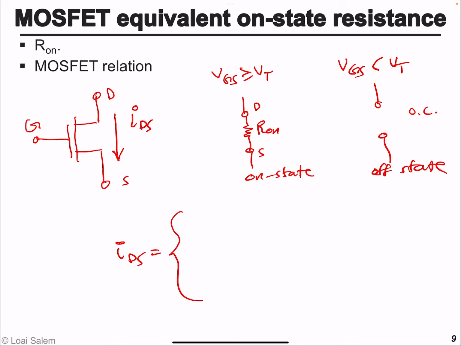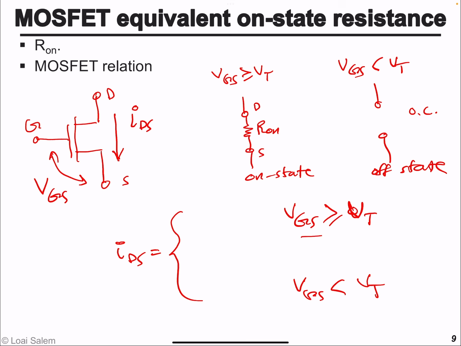We have two scenarios. Either the gate to source voltage, VGS, is larger than the threshold voltage, VT, or VGS is less than the threshold voltage. If it's larger than the threshold voltage, we will have a finite on resistance between the drain and source, and so the current will basically be determined by the voltage difference between the drain and source, which we called VDS.